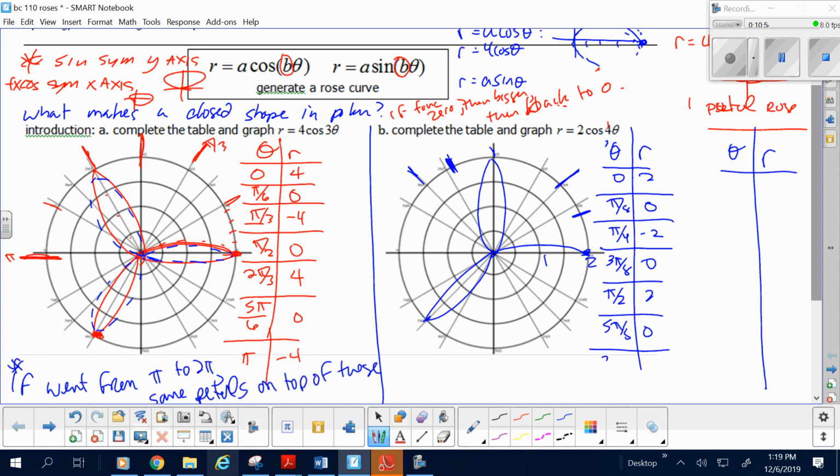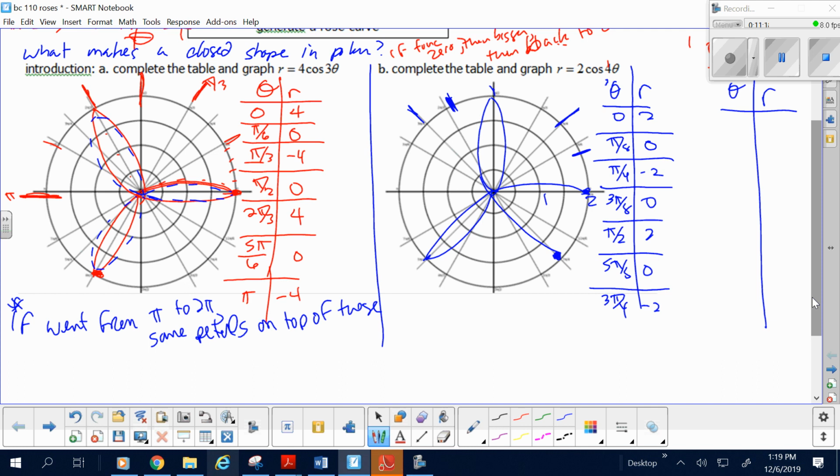At 6 pi over 8, or 3 pi over 4, what's r? Negative 2. Now be careful again. We're pointing to the second quadrant, but we're backing up, so we end in the fourth quadrant. So we're at the origin, and now we're backing up to the fourth quadrant. That should have been pi over 4. 7 pi over 8.